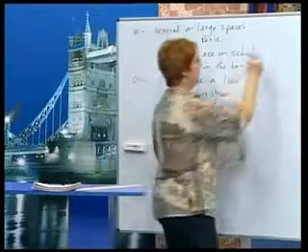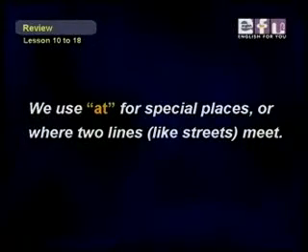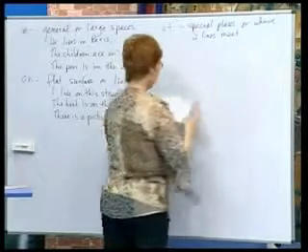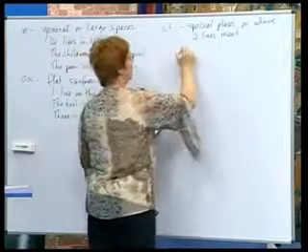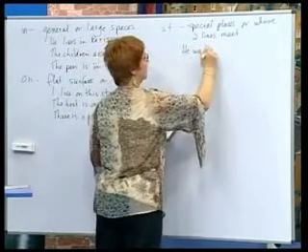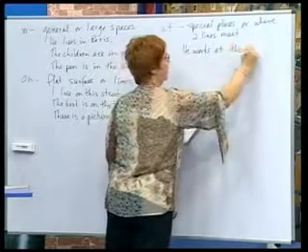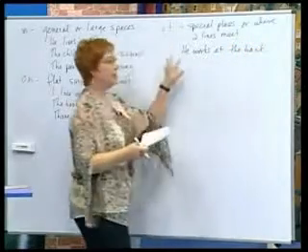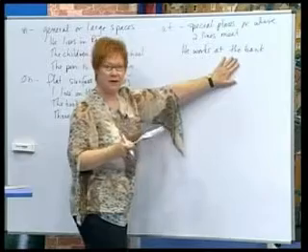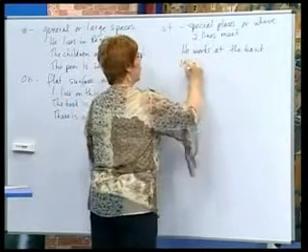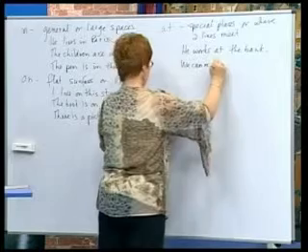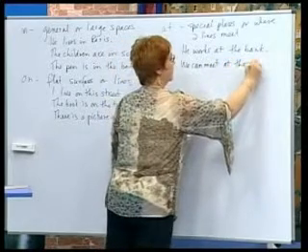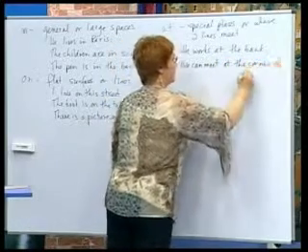Now let's talk about at. And remember that at is for special places or where two lines meet. So, for example, he works at the bank. This is a special place. We can meet at the corner of the street.